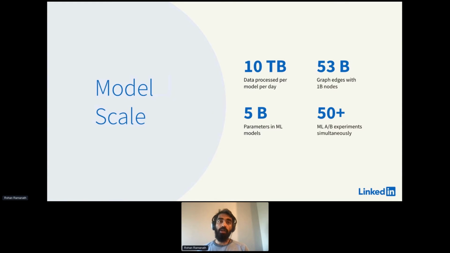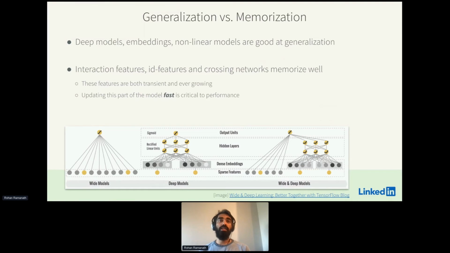So when I say model, typically a model contains 2 different components, one responsible for the generalization performance, and the other that is responsible for the memorization performance. And any embedding-based models, deep learning models, nonlinear models are good at the generalization piece, right?